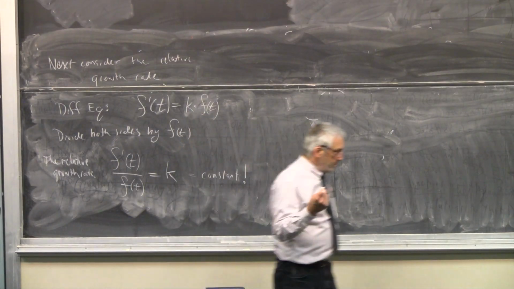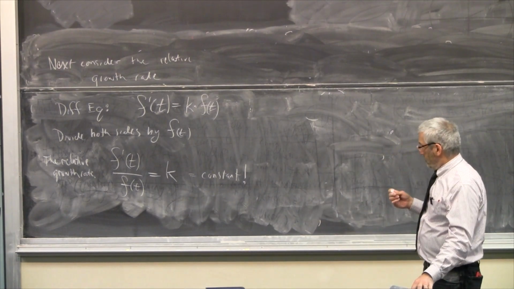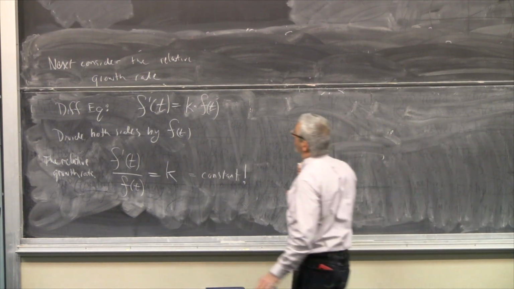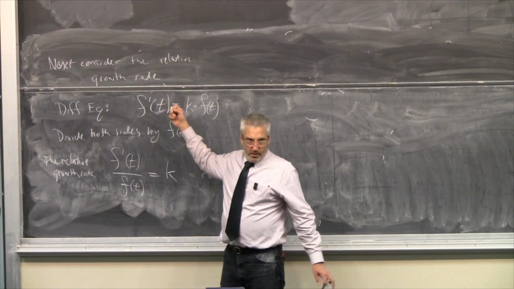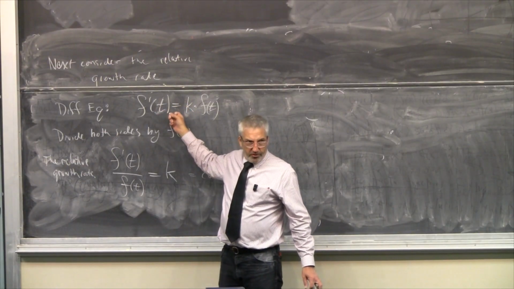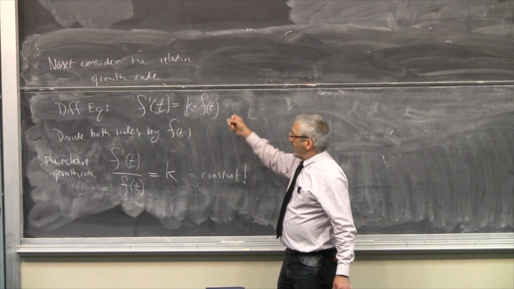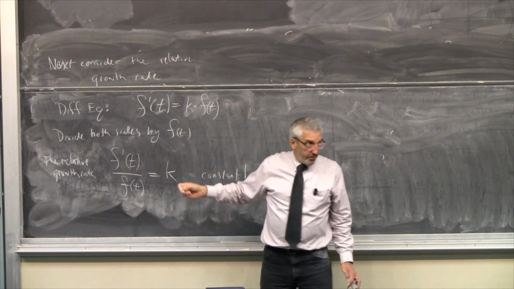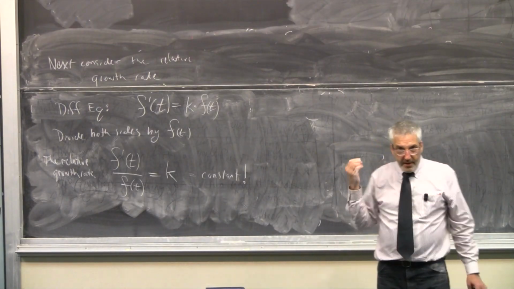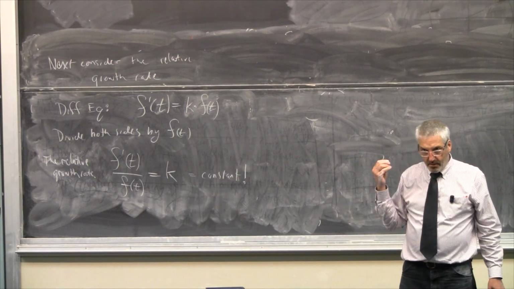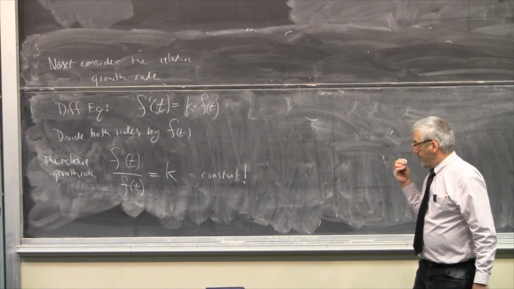So again, we started this by having the phrase, the growth rate is proportional to the value of the function. And now we have this other thing that comes right out of that. The relative growth rate is constant. Is e just Euler's number? Yeah, yeah.